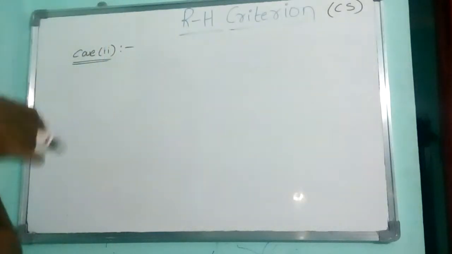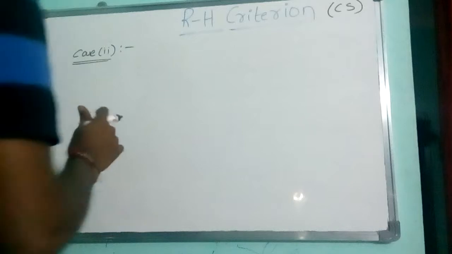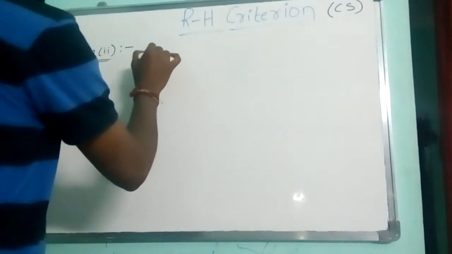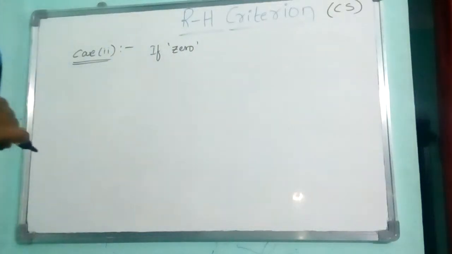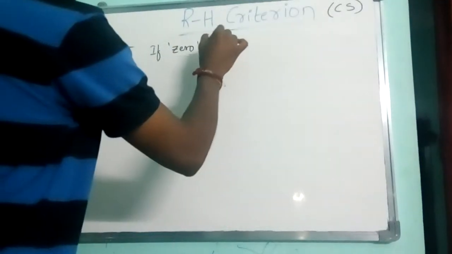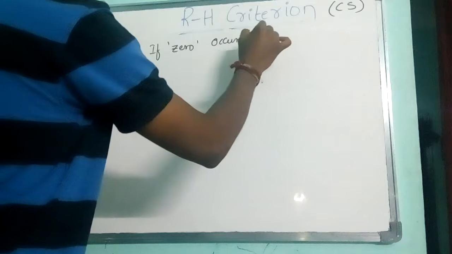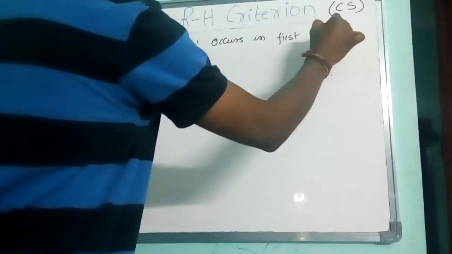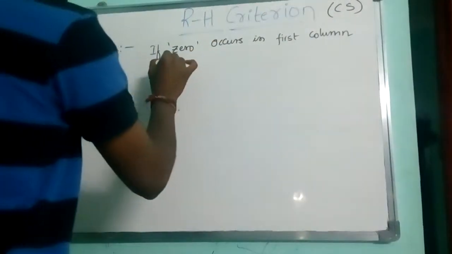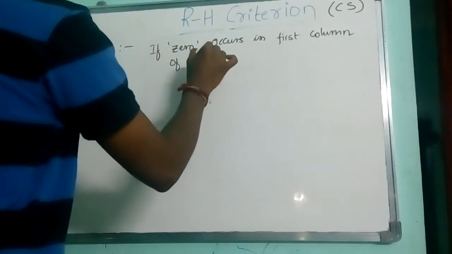Case 2 problems. Case 2 problem deals with what happens if 0 occurs in the first column of the RH table.